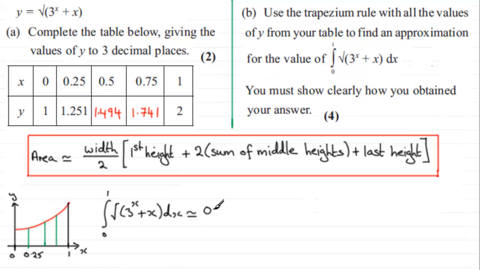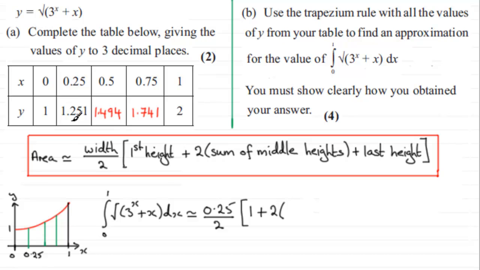So we've got 0.25, the width of a strip, divided by 2, and then a square bracket, and we multiply with the first height, the y value, which is 1. So put 1 there, and then plus twice the sum of the middle heights, so it's 2 times, and now we work out the sum of all these heights that I've illustrated in green.